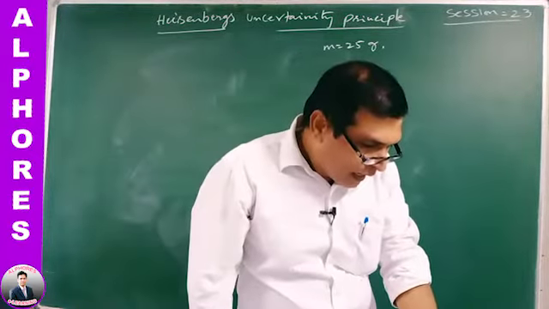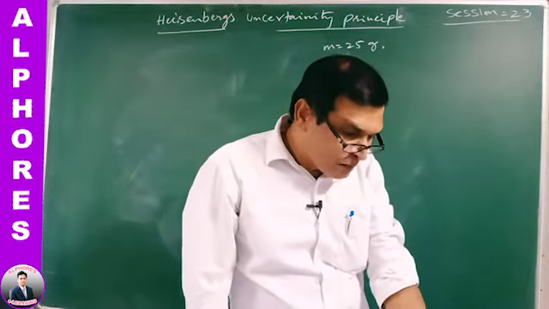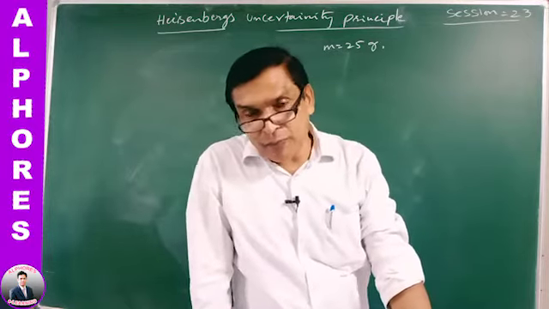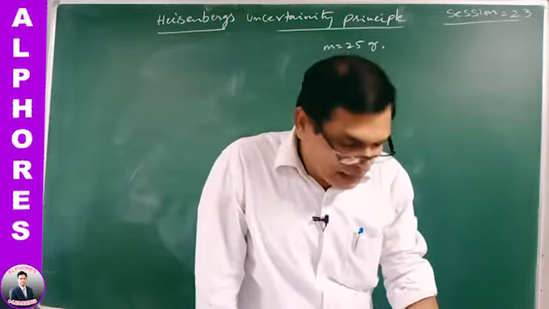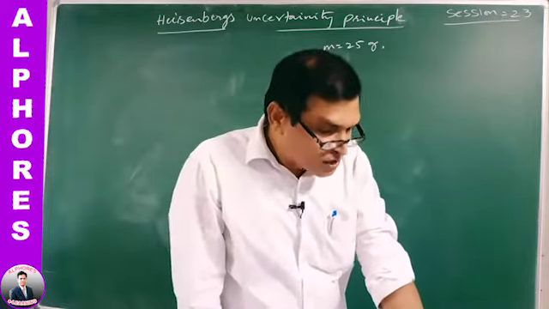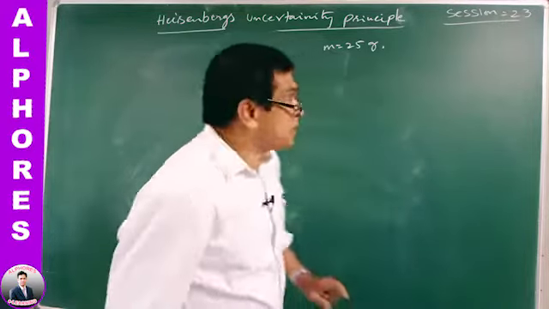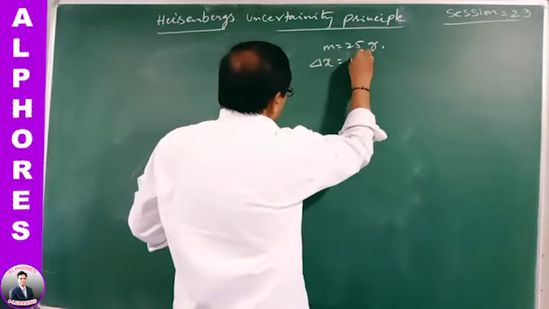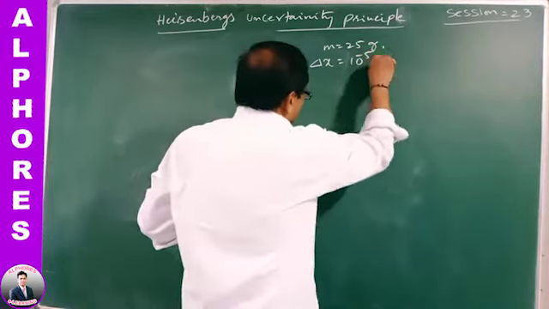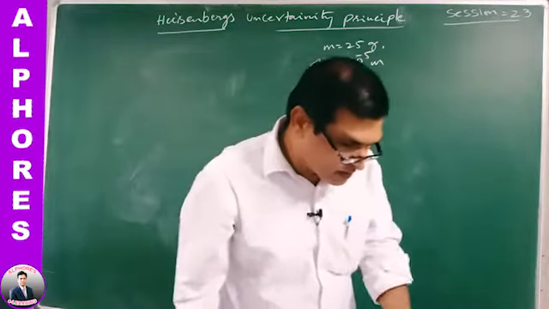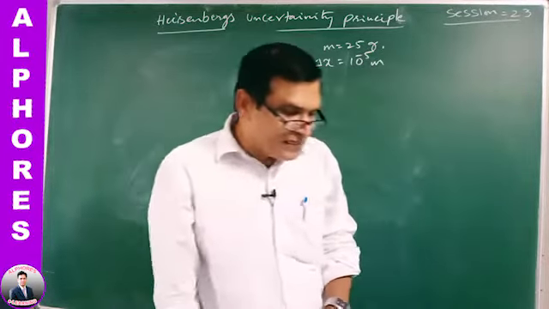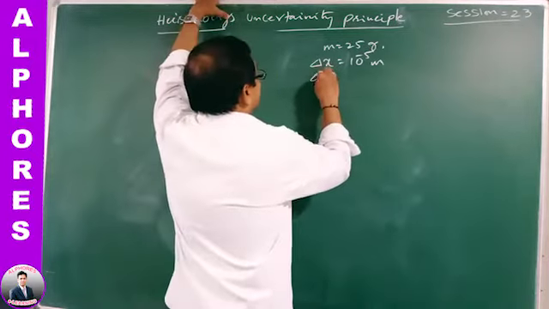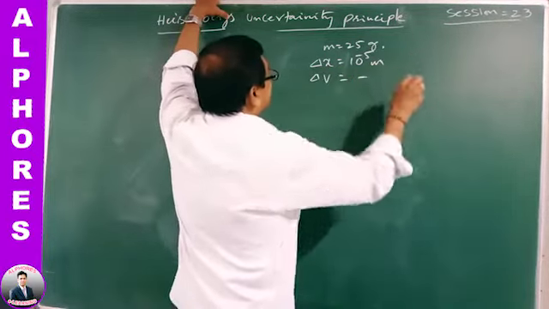The uncertainty in the position of a particle of mass 25 grams in space is 10 to the power minus 5, that means delta x is 10 to the power minus 5 meters. He said it in meters. Hence, we have to calculate the uncertainty in the velocity, delta v.